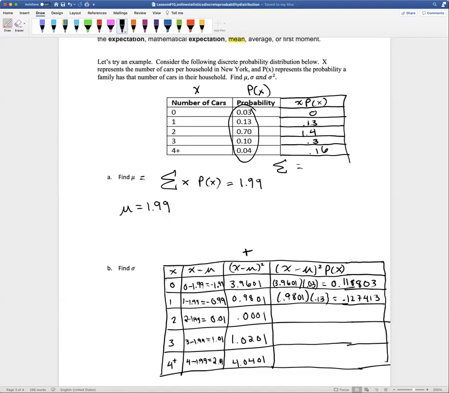Same thing. X minus mu squared here is 0.0001 times p of x. The probability that a household has two cars is 0.70. And we get 0.00007.